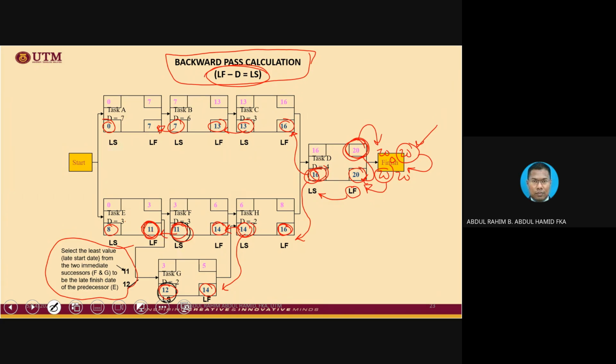Okay, now we have the dates for early start, early finish, late start, late finish. From these values, we know that certain activities have variation in terms of the early start and late start, whereas certain activities do not have the variation.